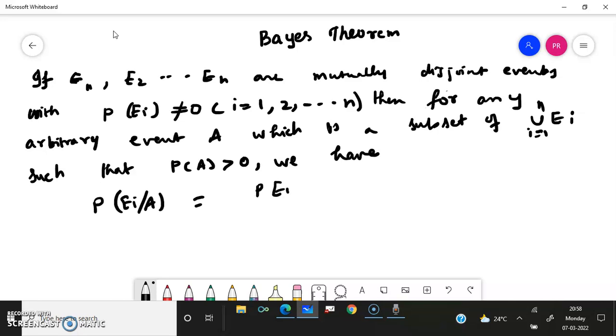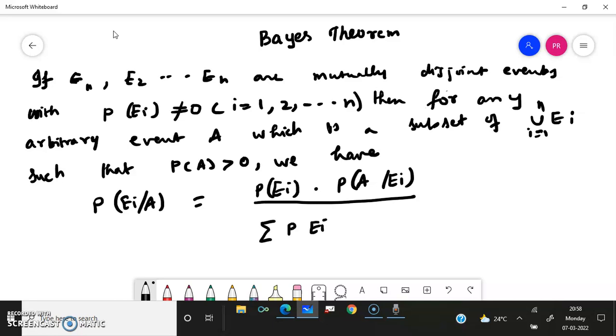P of Ei into P of A given Ei divided by summation P of Ei into P of A given Ei, i equal to 1, 2 and so on to n.